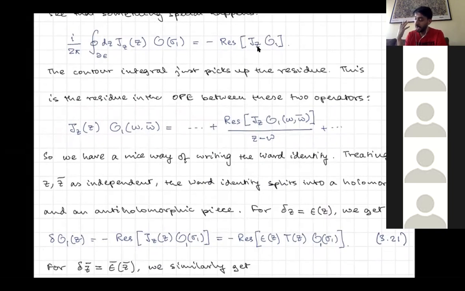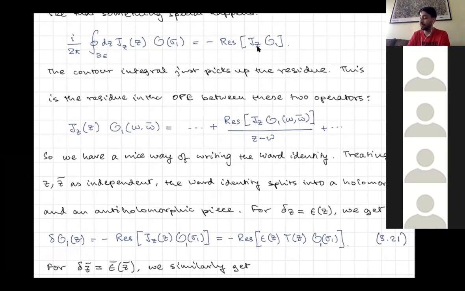So if you put it back into the Ward identity that we had, we now have a very nice way of interpreting this Ward identity. The Ward identity gives us that the change in O1 is going to be the residue of the OPE, the coefficient of the 1 over z piece.